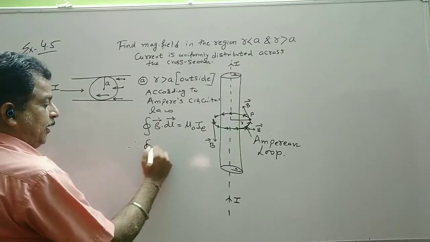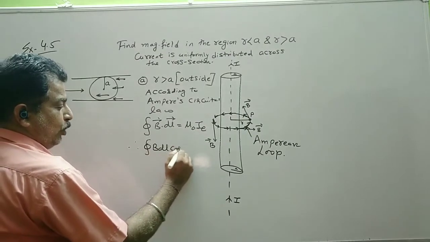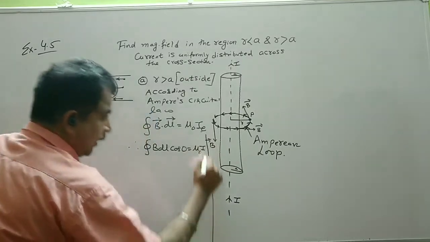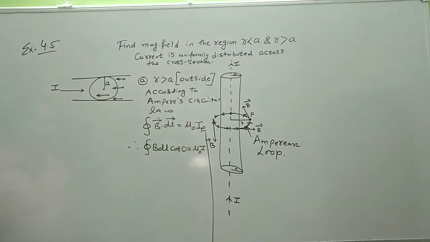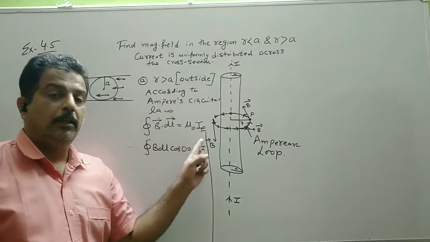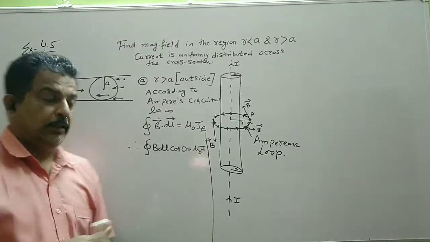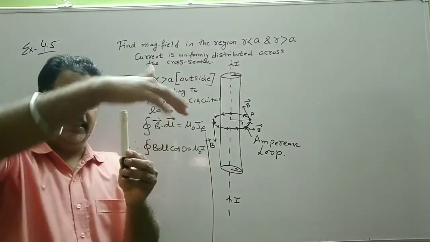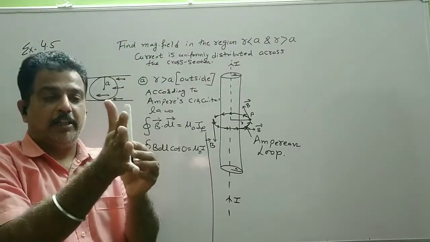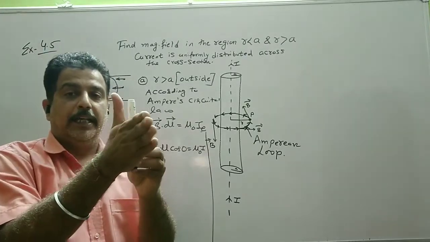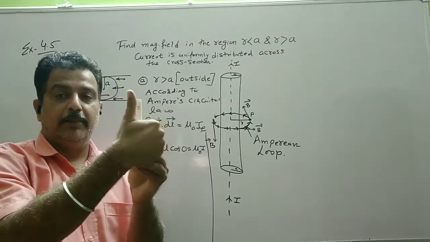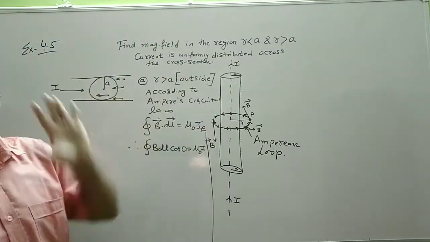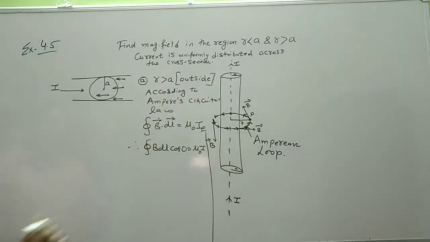Therefore, closed integral B dl cos 0 is equal to mu naught I. The entire wire is enclosed, and again we apply the sign convention for the current, because the line element is in the anti-clockwise direction. I curl my fingers in the direction of the line element. The thumb is upward, so current in the upward direction should be taken as positive.